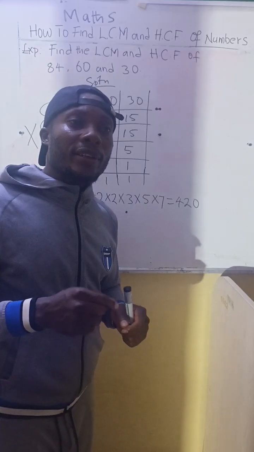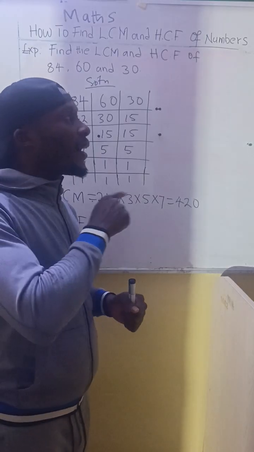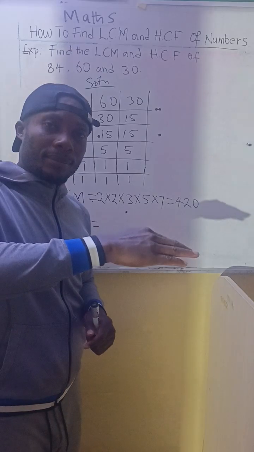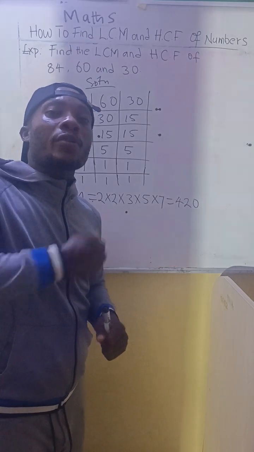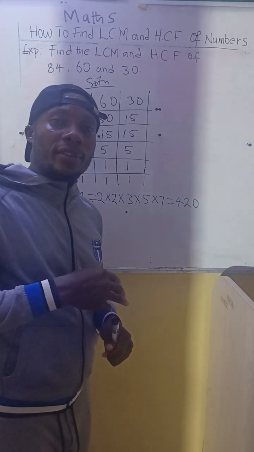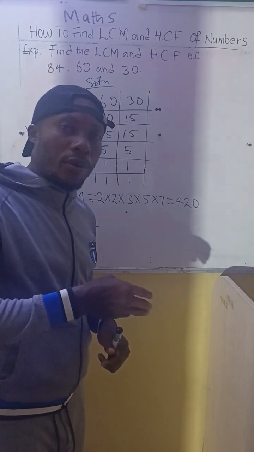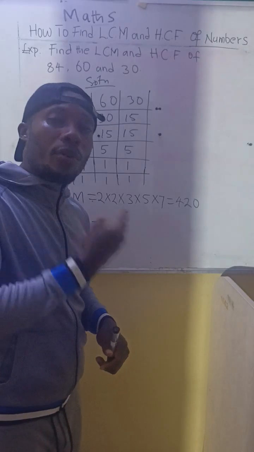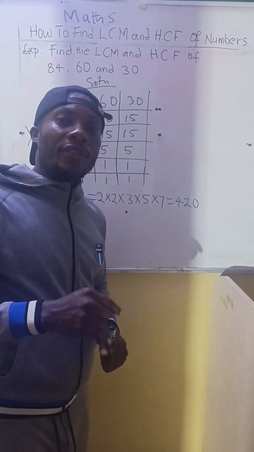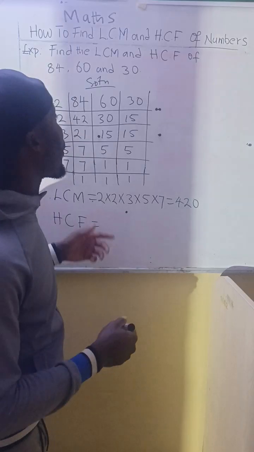By common we mean any prime factor that was able to divide the 3 numbers given at the same time, or in a row. That is what we refer to as a common factor.